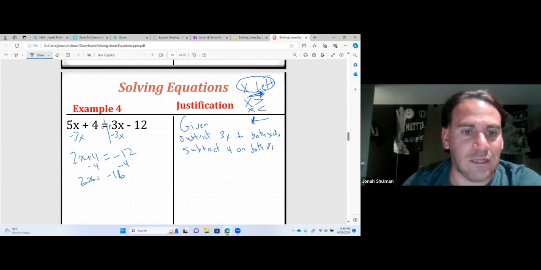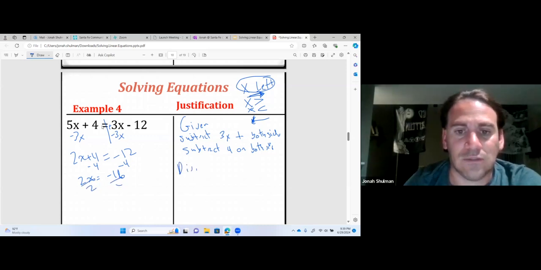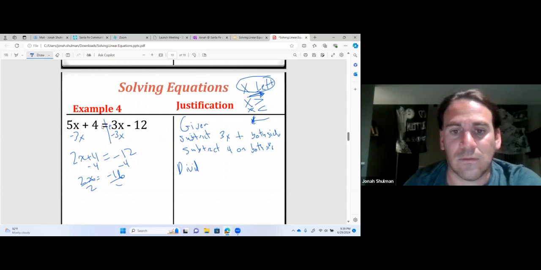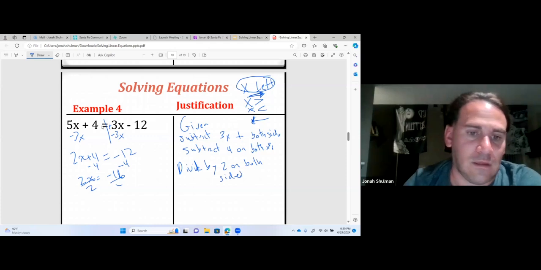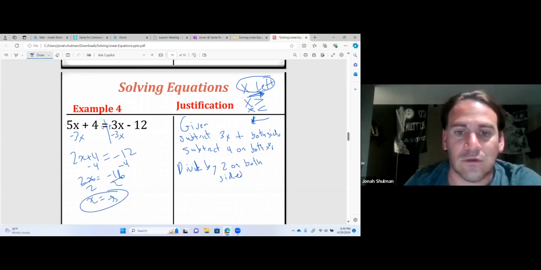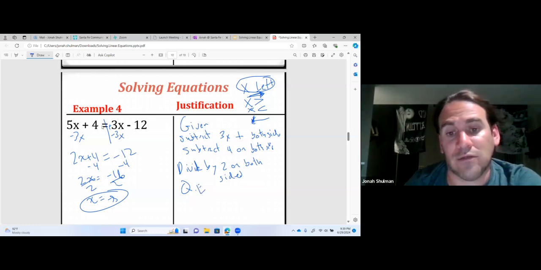So now we're dividing by 2. And we divide by 2 on both sides. And I'm left with x equals negative 8. QED, and then you would check it.